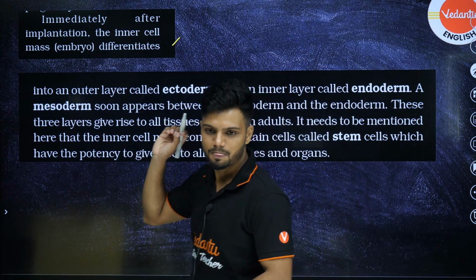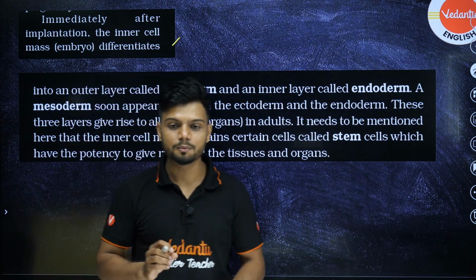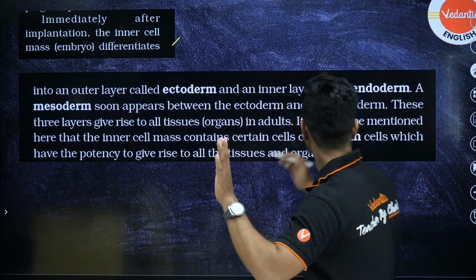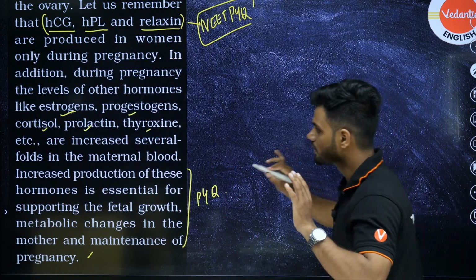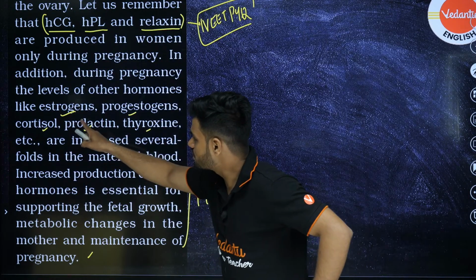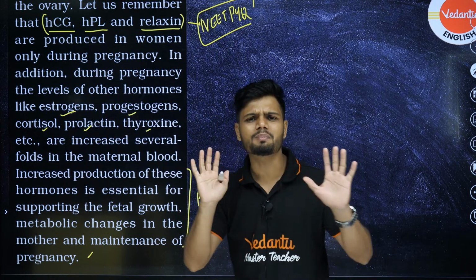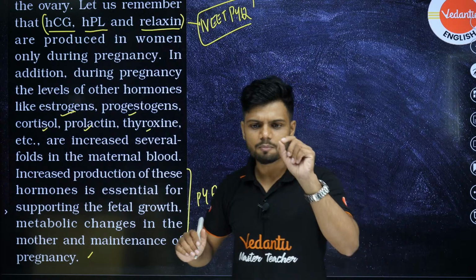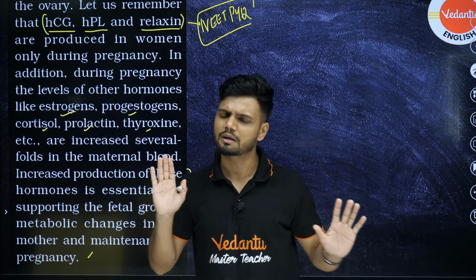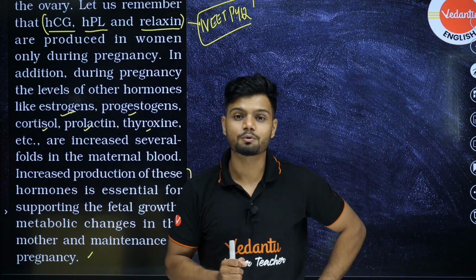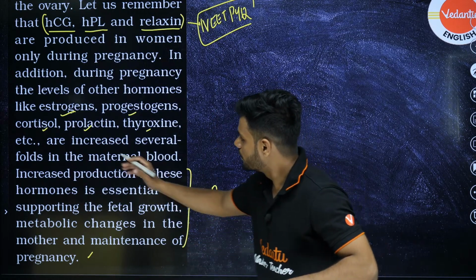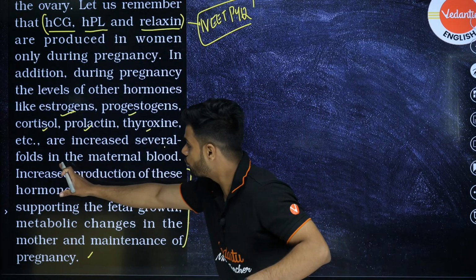We will learn this. Sir, why do mood swings change only during pregnancy? The answer is right here. Estrogen and progesterone are produced normally inside the female body. But during pregnancy, what happens? They are increased several folds in the maternal blood.